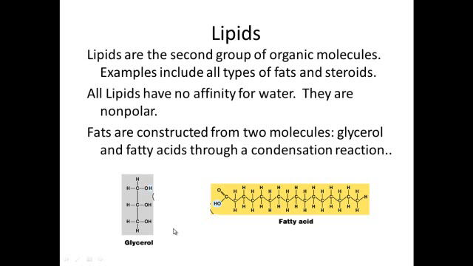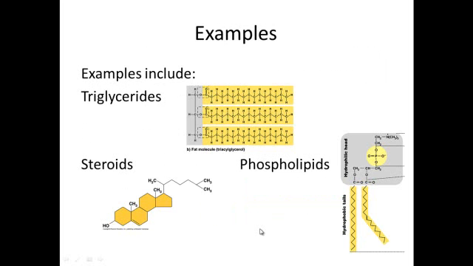Lipids don't. They're all very different molecules, but because they're all nonpolar, they're all put in this major group. Some have a glycerol and fatty acid chains, but not all of them. So they just really don't have monomer polymers.